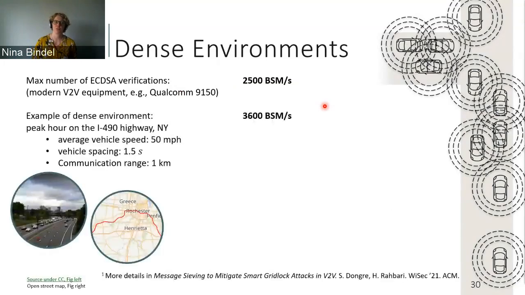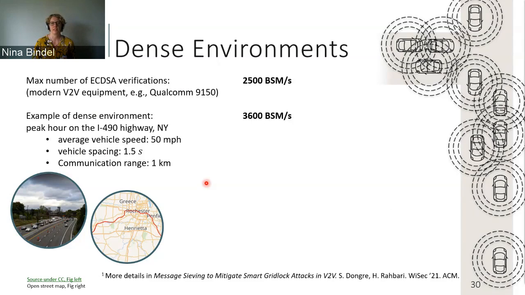Now, Hanif and his student analyzed dense settings. For example, they analyzed the peak hour on this highway in New York and say, in this scenario, up to 3,600 BSMs per second need to be verified.